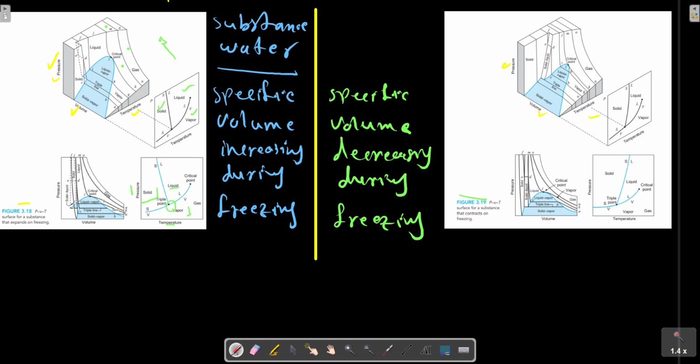These surfaces are curved. The two-phase regions, solid-liquid, solid-vapor, and liquid-vapor, are ruled surfaces, as shown here. For example, this is liquid-vapor, solid-vapor, and the triple line.